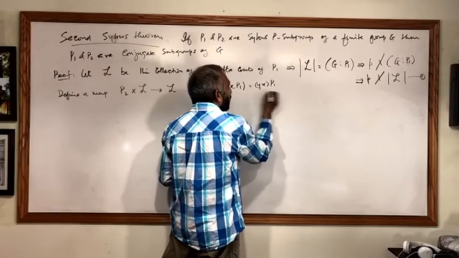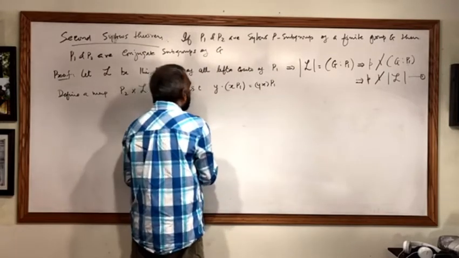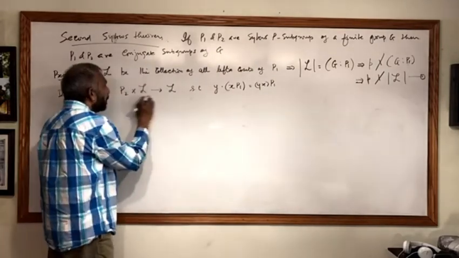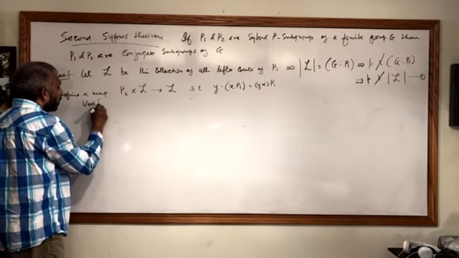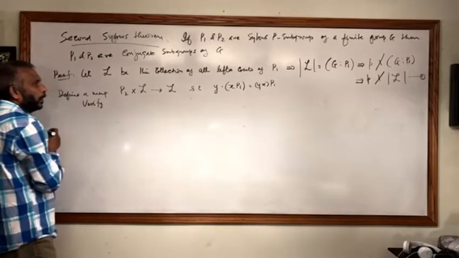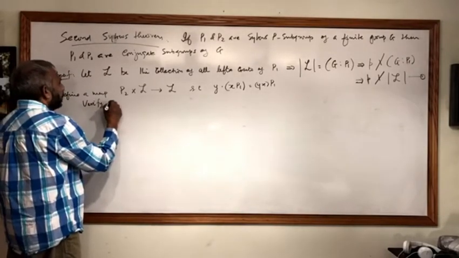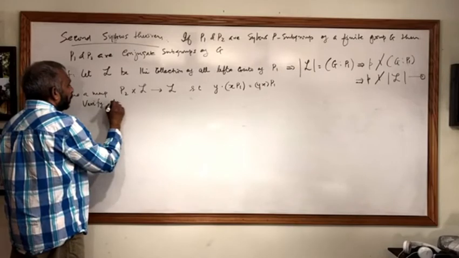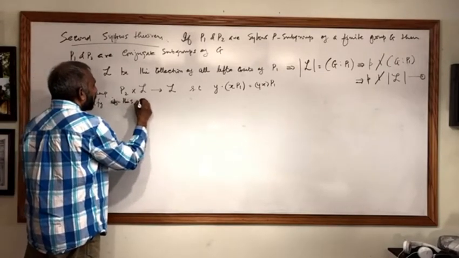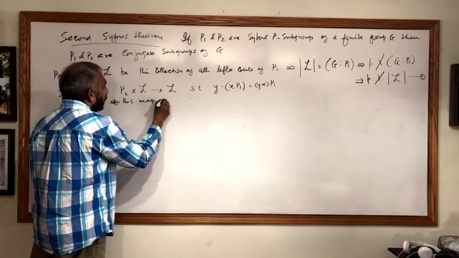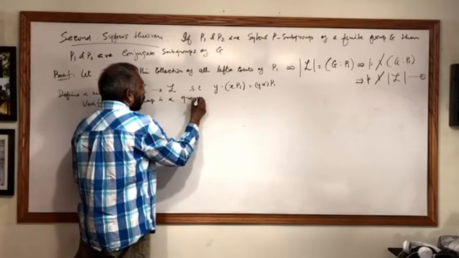This of course is a left coset of P1, so the map is well defined. Verify that this map is a group action.